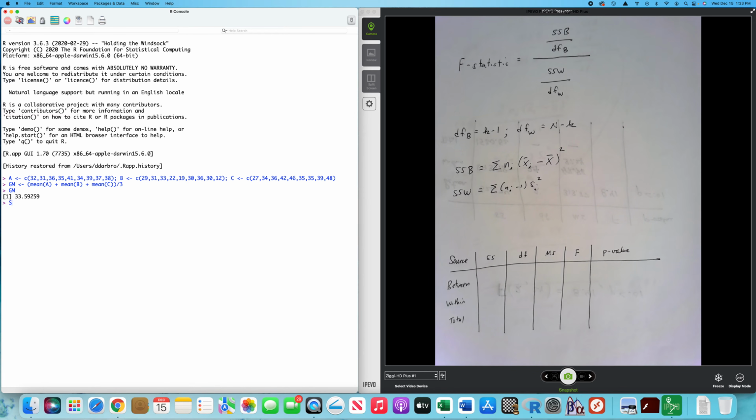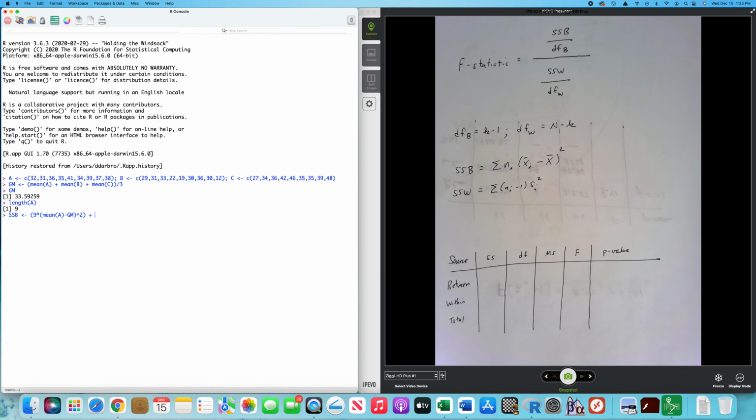So first thing I want to do is calculate the sum of squares between. So the sum of squares between is going to be the sample size. I don't even know what the sample size is. So it's 9. Okay, so sum of squares between is going to be 9 times the mean of A minus the grand mean, quantity squared, and so on.